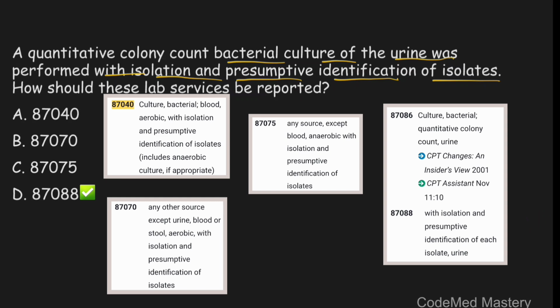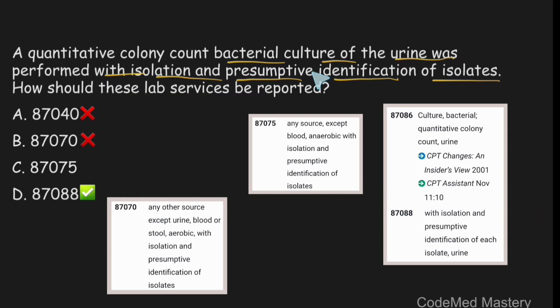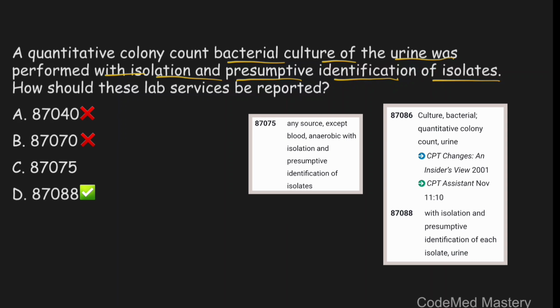We'll eliminate option A because that is for culture of blood specimen, right? And we'll eliminate option B because they have mentioned any source except urine. But in the question they have mentioned urine. So we cannot code 87070. Option B is eliminated.